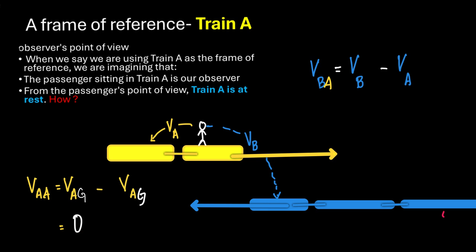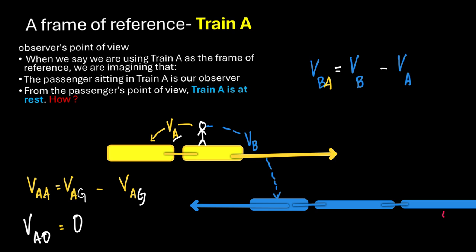Or in other words, since A is the observer, we can say velocity of A with respect to observer is equal to 0. And if an object has a velocity equal to 0, it means that it is at rest. Since the observer is standing on train A, VAO is equal to 0, and therefore train A is at rest. Hope that makes sense?